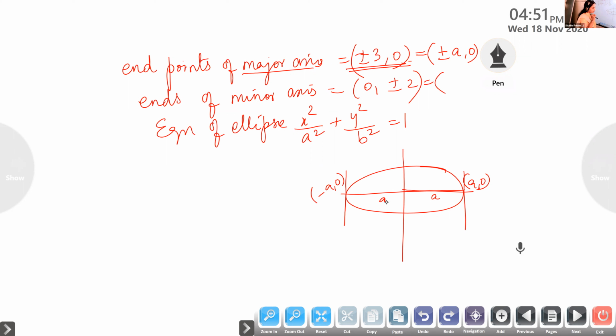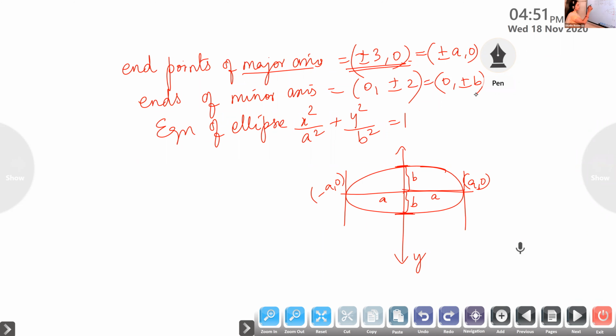Length of the major axis is a. Now minor axis, the length is given as b. So what will be the end points? It lies on y-axis, isn't it? It is lying 0 comma what? Plus or minus b. Yes, it is 0 comma plus or minus b.